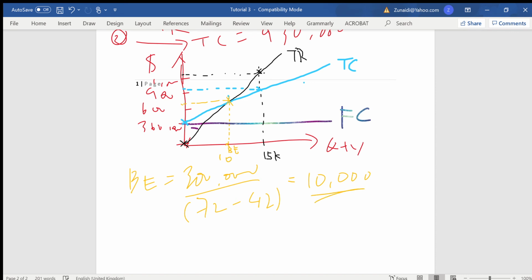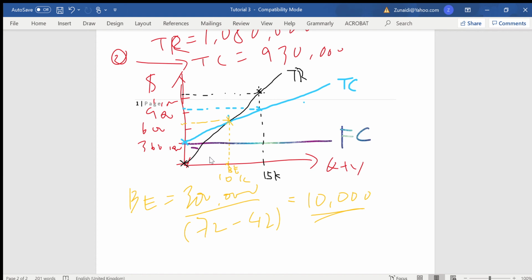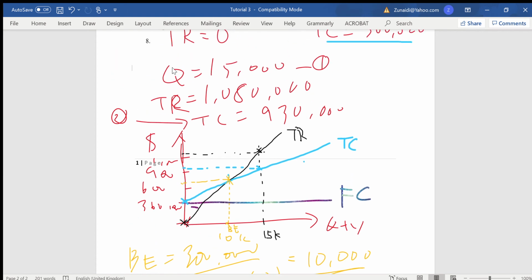So this is a 10K. So 10K is the break-even quantity. So we can find out the cost there using the number 1 equation or number 2 equation.